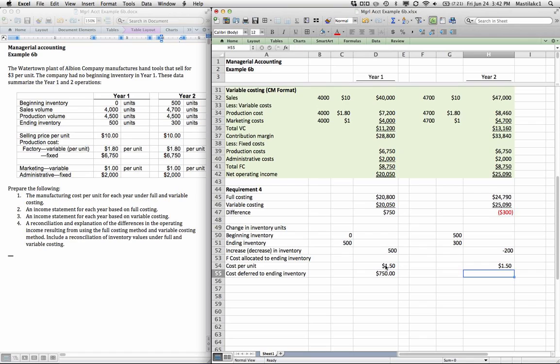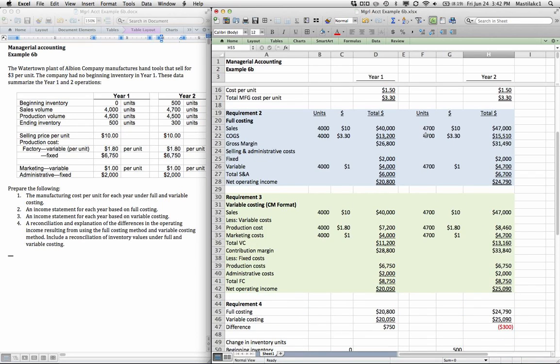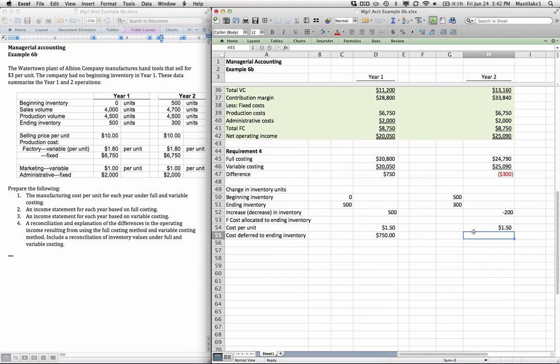Each of those 200 units that we produced last year and sold this year brought $1.50 of overhead costs that we incurred last year onto this year's income statement. And so under full costing, our costs are actually higher because more cost that we incurred last year showed up on this year's income statement.